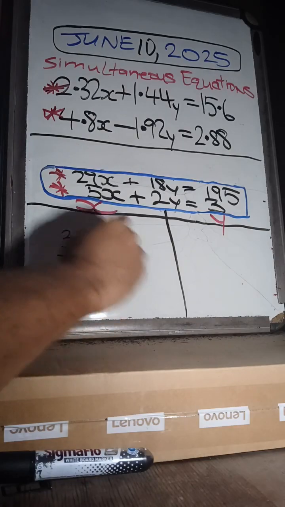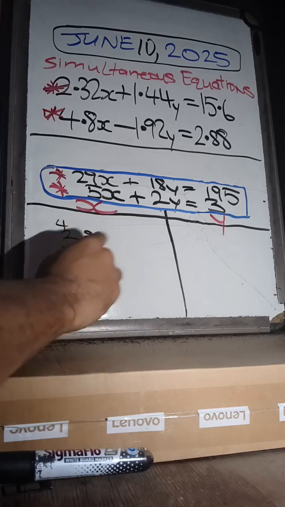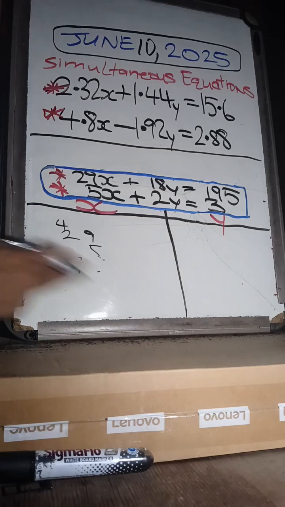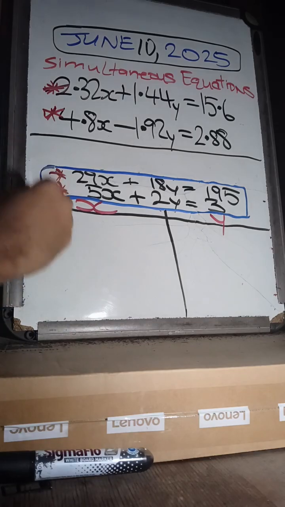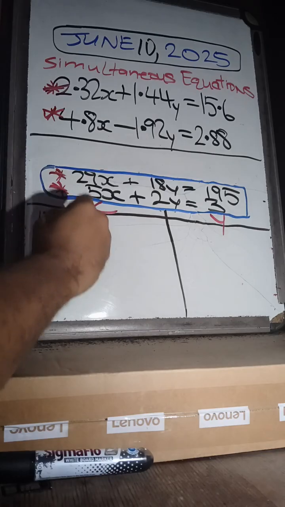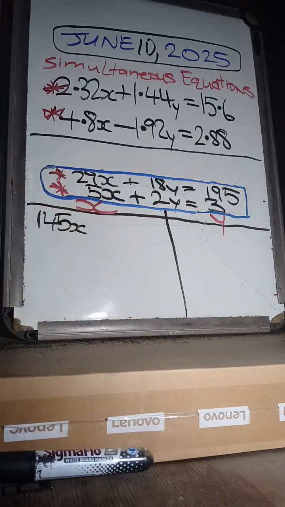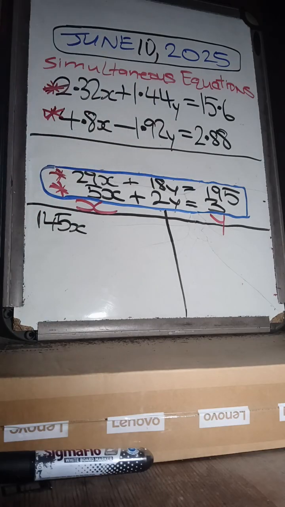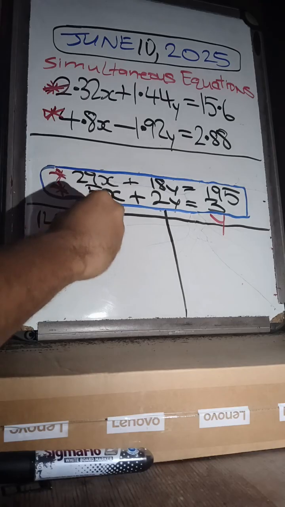Even though we could do it another way, 290 divided by 2, same thing. So we have 145. That means we'll have 145x right here. So we multiply this by 5, multiply that by 5. Oh, that's 90. Okay.